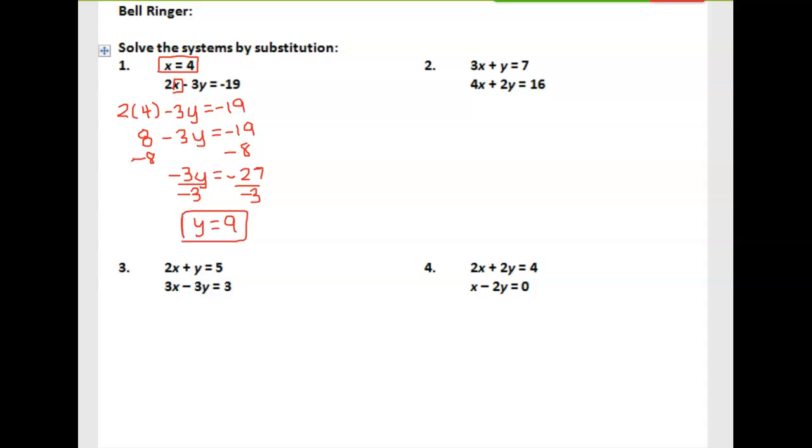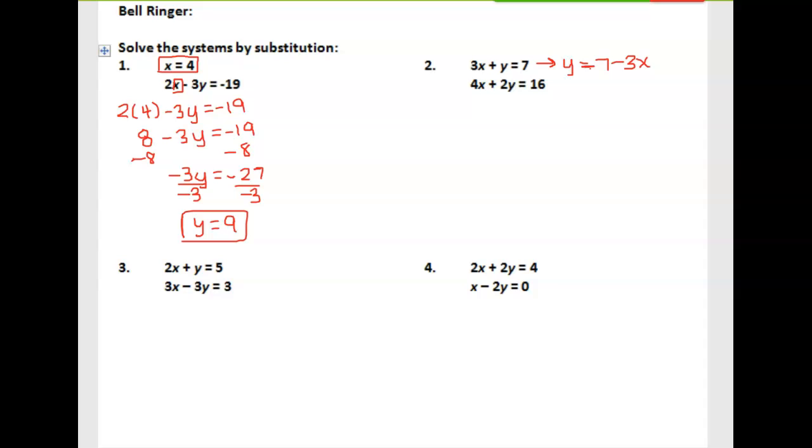In number 2, what you need to do is you need to move over the 3x so we can solve the top one for y. So you have y equals 7 minus 3x.